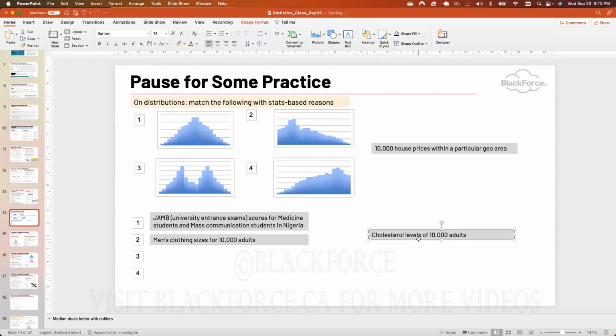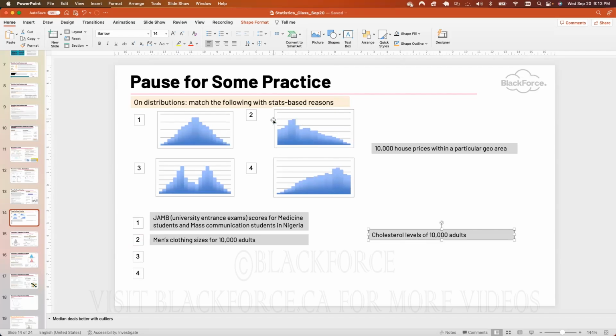Sorry, I actually have a question regarding the one you placed against 2, which is men's clothing size for 10,000 adults. I'm curious why it is 2, because wouldn't there be other factors that may have influenced that size?